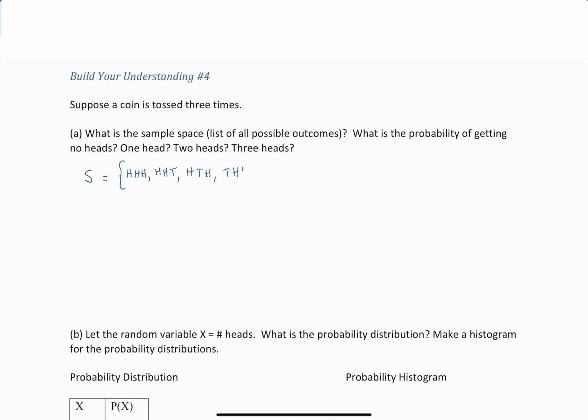So that's all the possibilities, first with 3 heads, then all the possibilities with 2 heads, 1 tail. And then what about having 2 tails and 1 head? So I could have heads, tails, tails. I could have tails, heads, tails. Or I could have tails, tails, heads. And then last possibility is 3 tails.